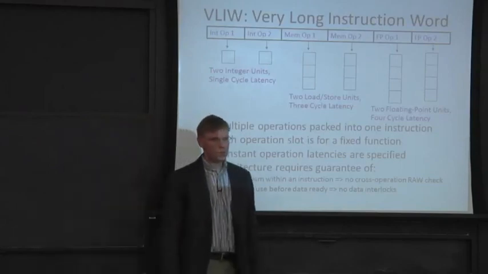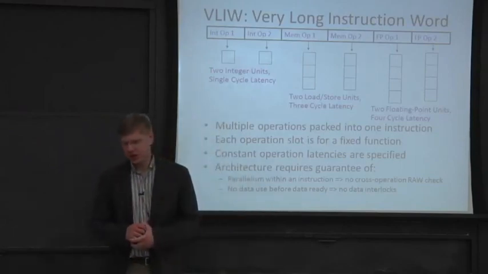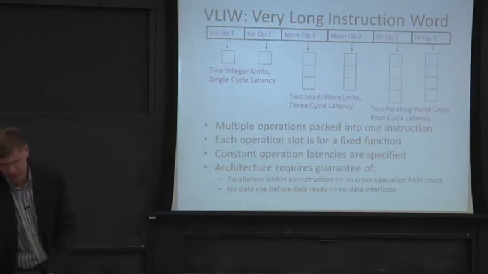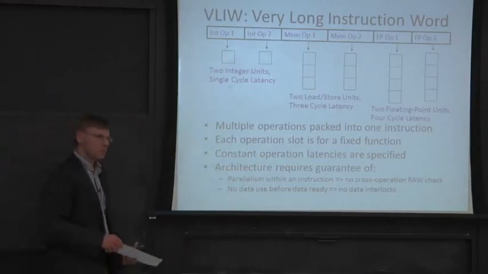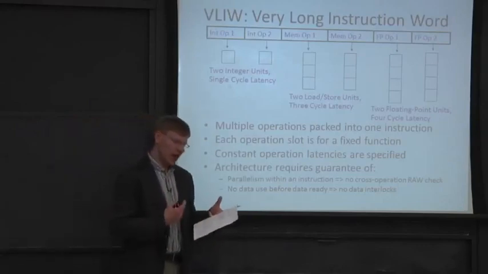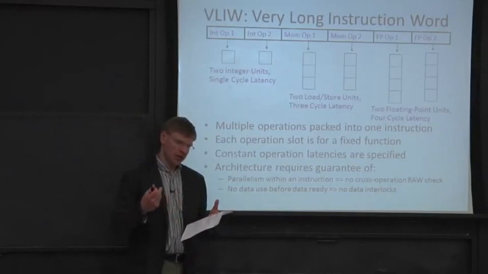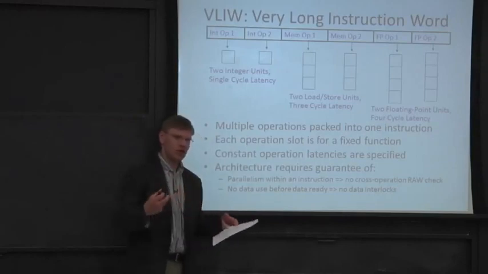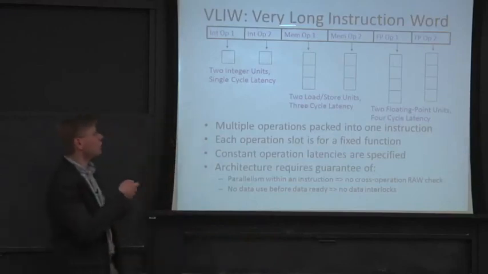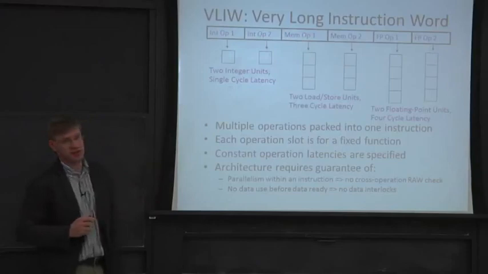But let's talk about VLIW instruction sequences and what one of these things looks like. Well, a VLIW instruction will actually have multiple operations within one bundle. So typically, this is either called a bundle or an instruction, with multiple operations inside of it.